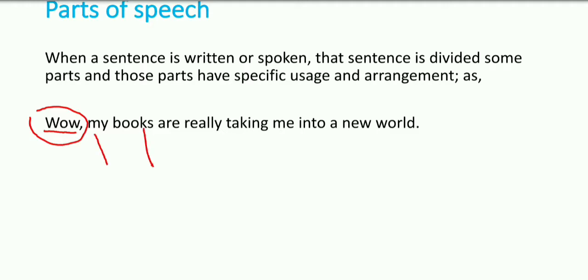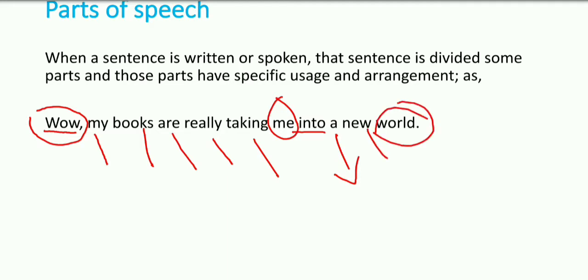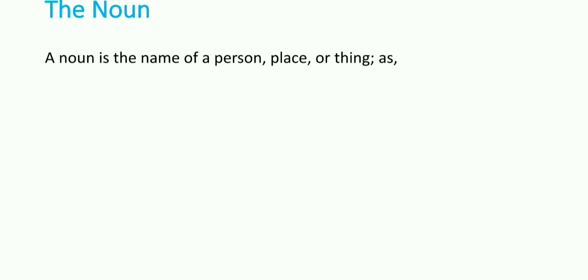Books is a noun, are is the verb, really is an adverb, taking is again a verb, me is the pronoun, into is a preposition, a is an article, which is used as an adjective, and new is also an adjective. World is a noun. So we have learnt that a sentence may comprise different parts of speech.